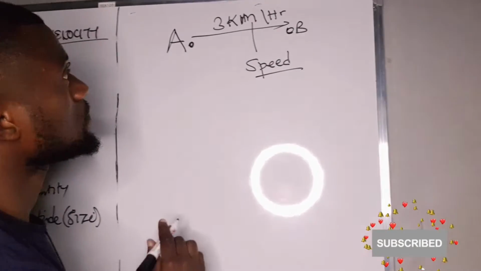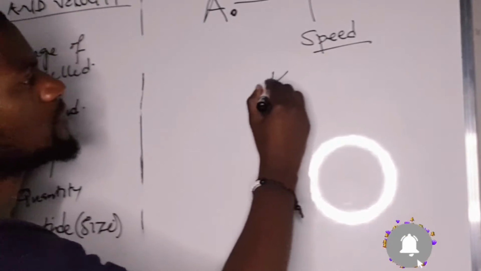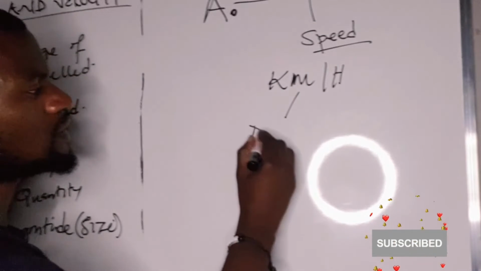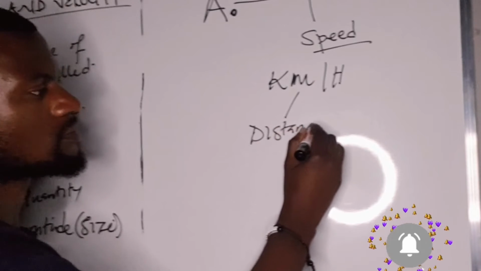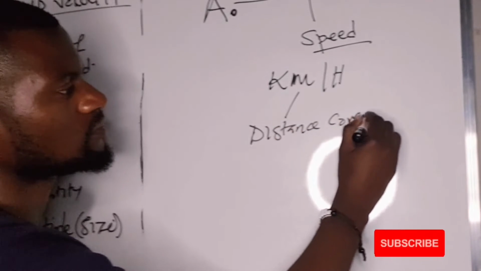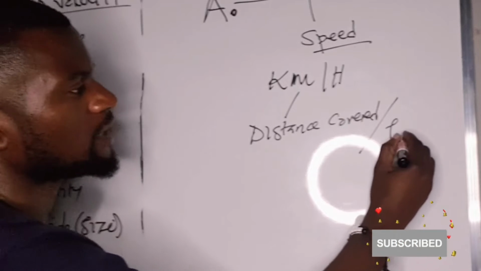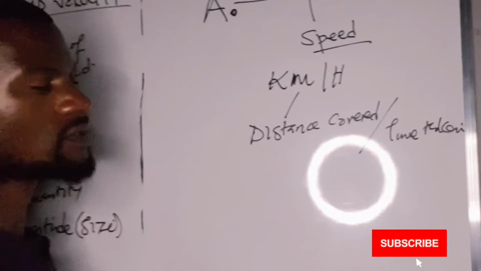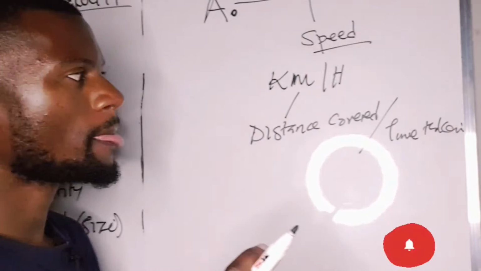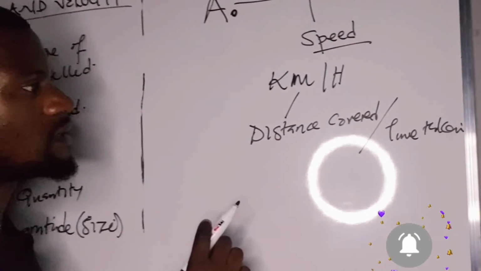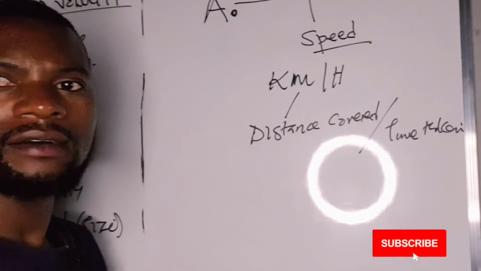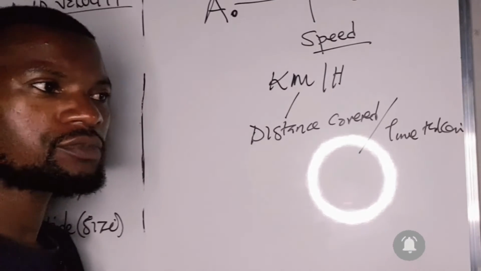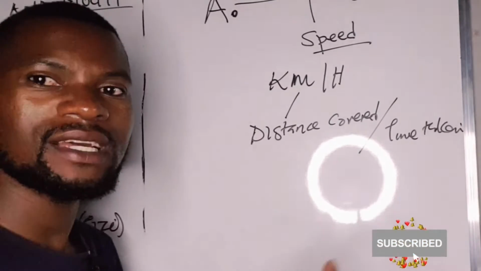Therefore, the kilometers per hour is simply the distance covered per time taken. So here we are saying speed is the distance covered per unit time, the distance that is traveled by an object, as well as the time that is taken.